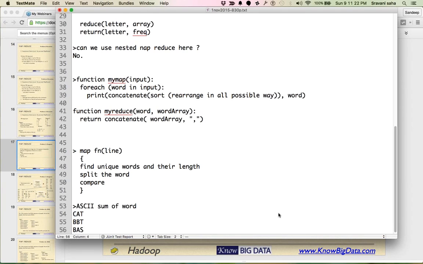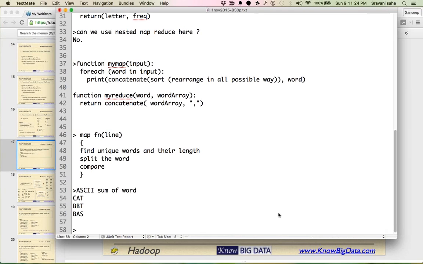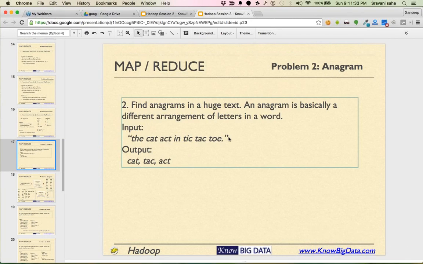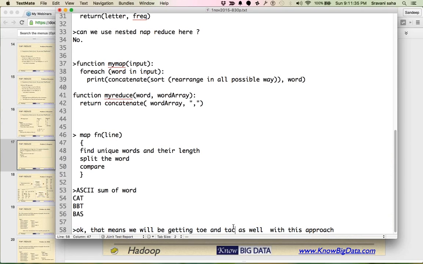So Bala's question is that we will be getting toe and tech as well in this approach. So which approach are we talking about?